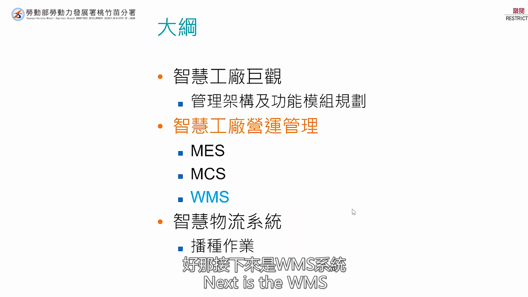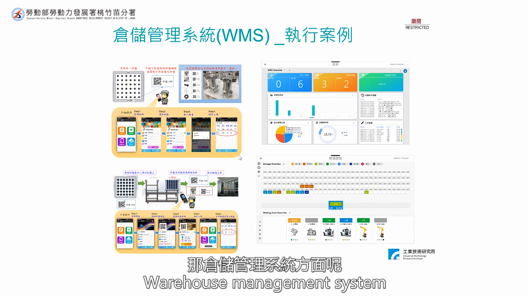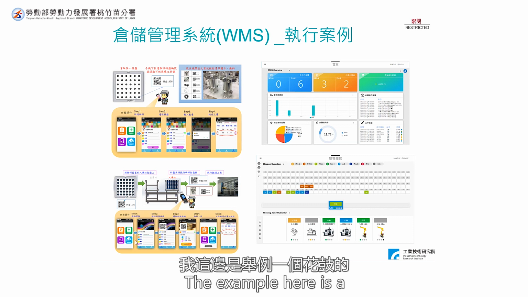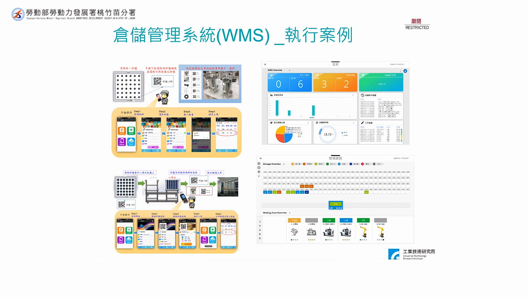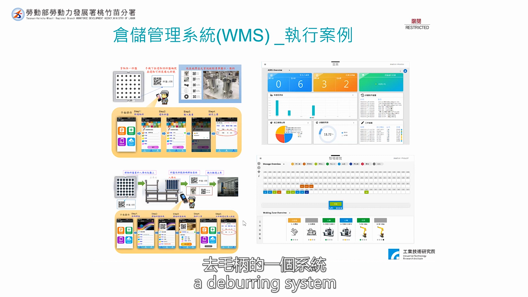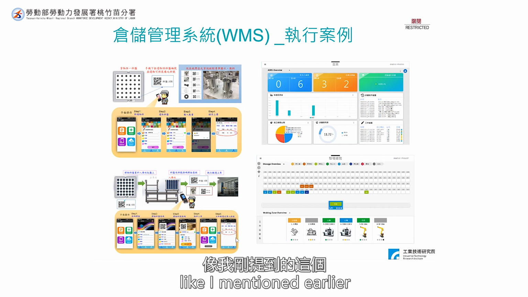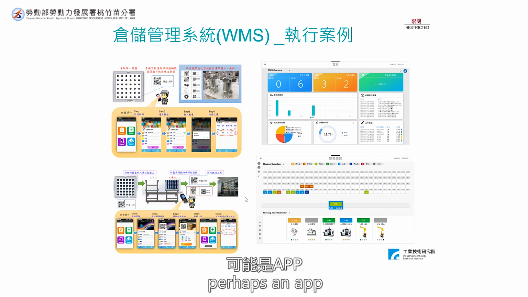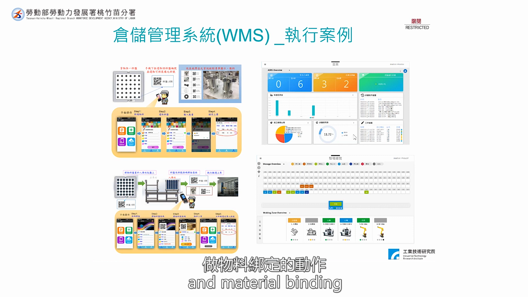Next is the WMS, Warehouse Management System. The example here is a hub for bicycles, a deburring system. It can also be controlled by, like I mentioned earlier, perhaps an app to load and unload materials, and material binding.